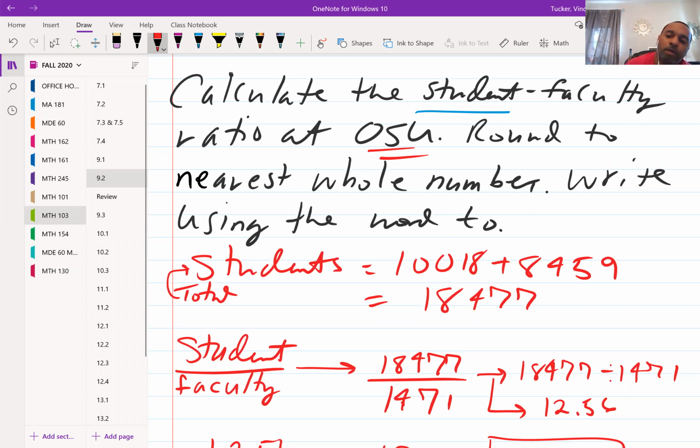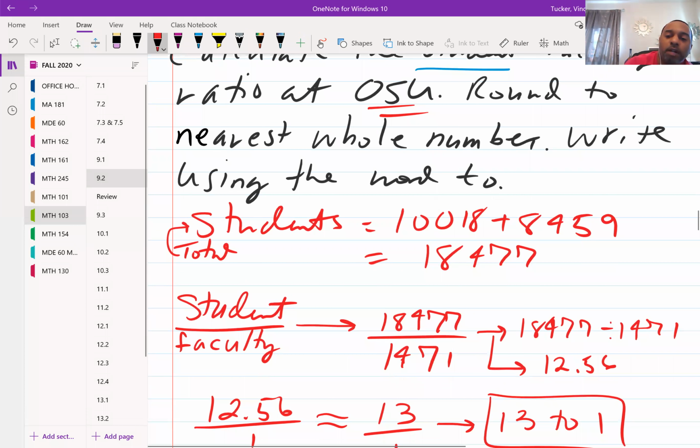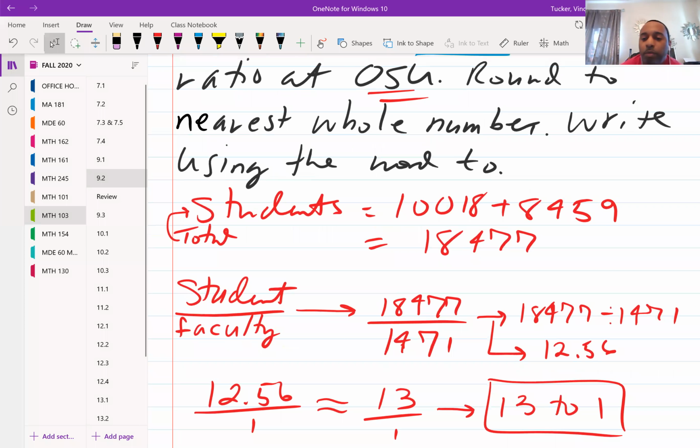Divide that out. Remember, we were talking about unit ratios. Divide that out, you'll get 12.56. And that's where they were talking about round to the nearest whole number. So you round that 12.56 to 13. So that means there's a 13-to-1 ratio student to faculty.